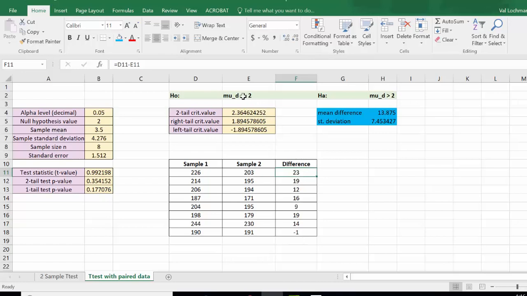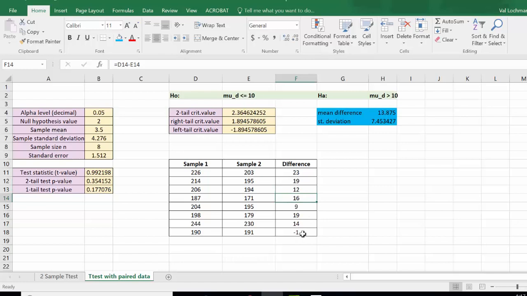So definitely pay careful attention to what the problem is asking, and if you set it up, just take a look at your difference. We're going to see if the difference on average is greater than 10, right? So if you take a look at these numbers, this should make sense. This should support your statement somewhat. If you get all negative numbers, then it's not supporting your alternative hypothesis at all. But here I have positive 23, positive 19, 12, 16, and so forth.